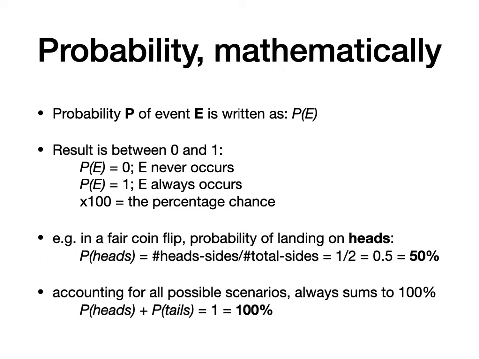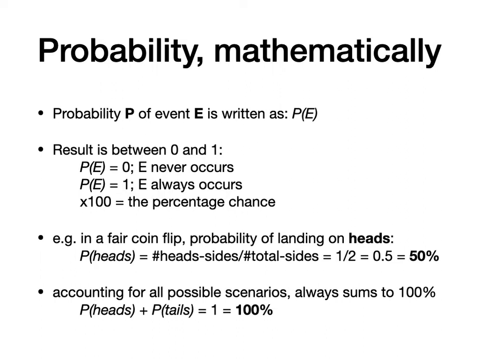So basic concepts, coin flips are always used here. Basic odds of a coin flip on a fair coin. Probability of landing on heads. You might write that out like this. P of heads is the case that we're talking about, right? The event that we're talking about. The coin has come up heads. The way you compute this is you take the number of head sides that exist on the coin, divided by the number of total possible outcomes, total possible sides, which is heads and tails.